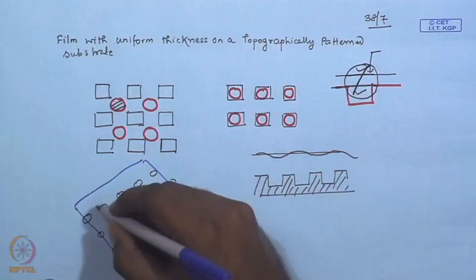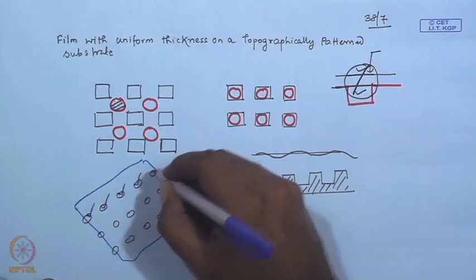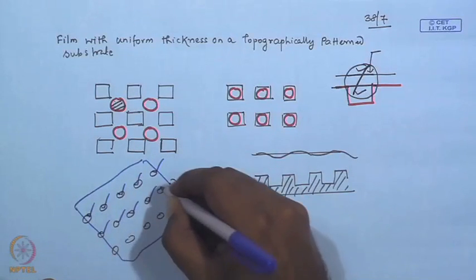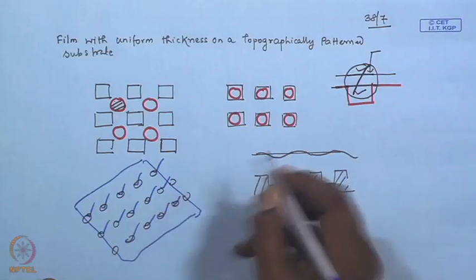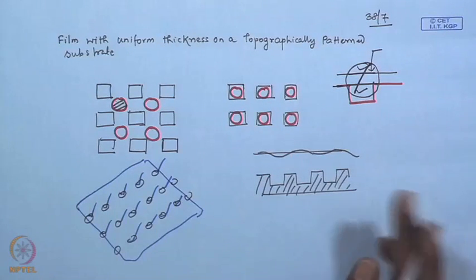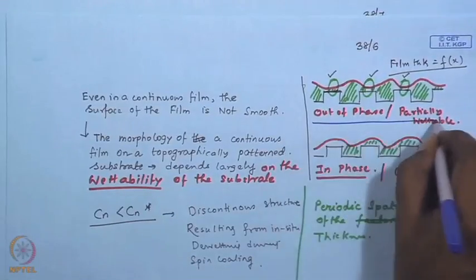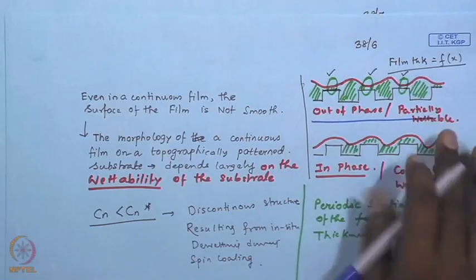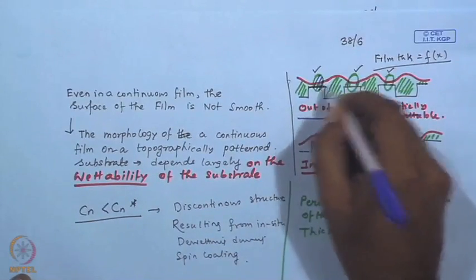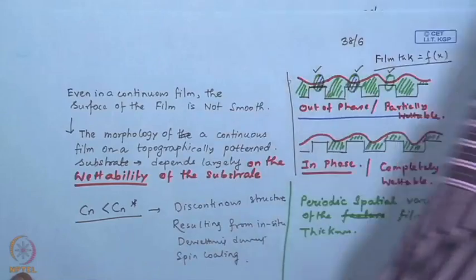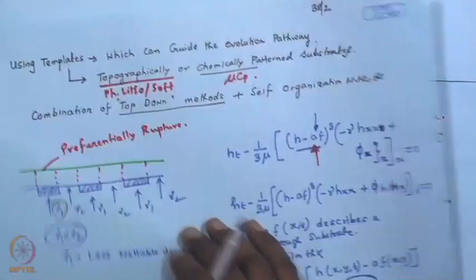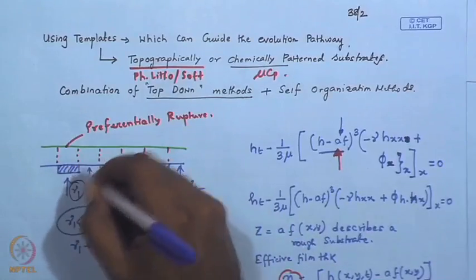So, the film ruptures over each of the features, and then the subsequent morphological reorganization takes place. And that is the same thing we have noticed here. We have argued here that the film ruptures over each of these zones over here, or even for a chemically patterned surface, the same argument that we place, that over each non-wettable zone the film ruptures.